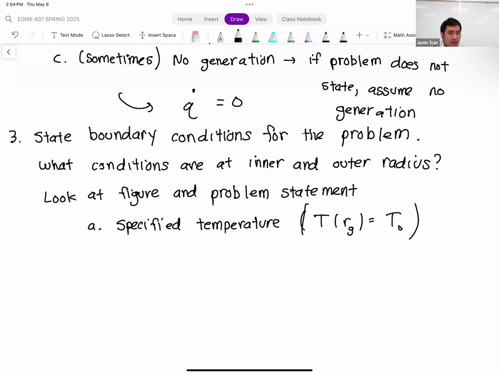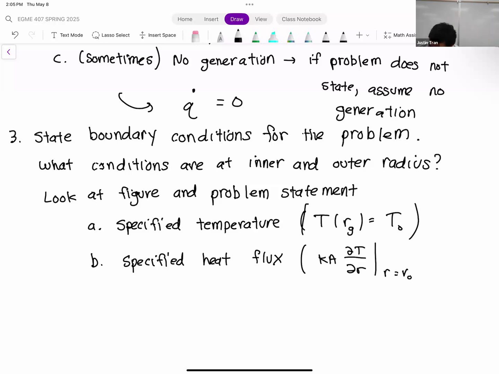For cases where we have a specified temperature, that's what you would do. The second option is that you may have a specified heat flux. In those cases, you're going to use Fourier's law. And so that's going to be K times A times partial T partial R at some given radius is equal to Q.